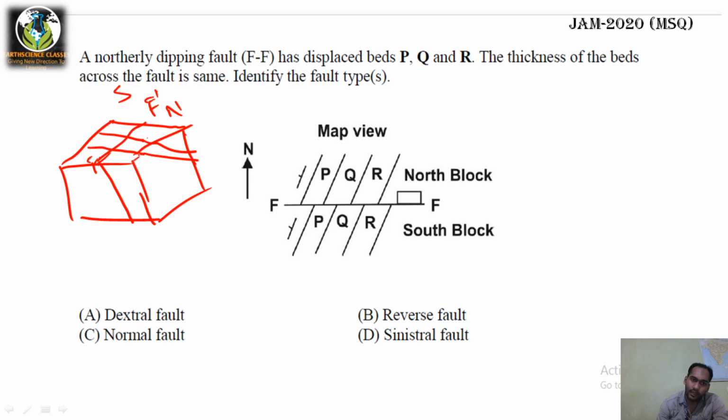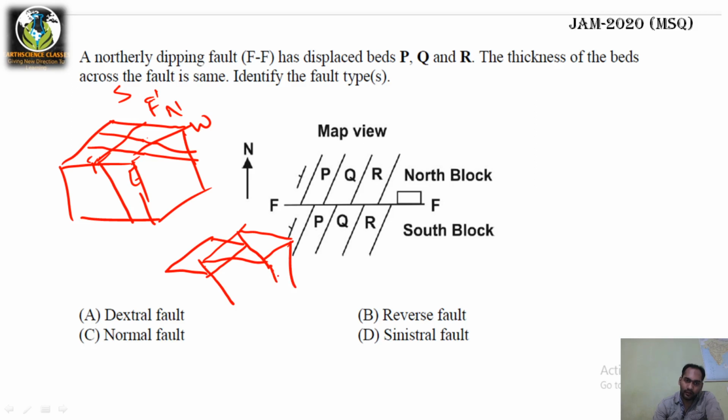This is west, this is east, so they are dipping towards west. What happened? They moved off like this.